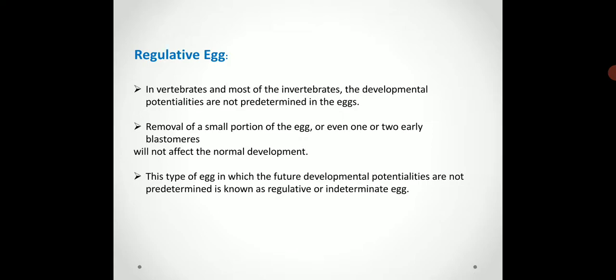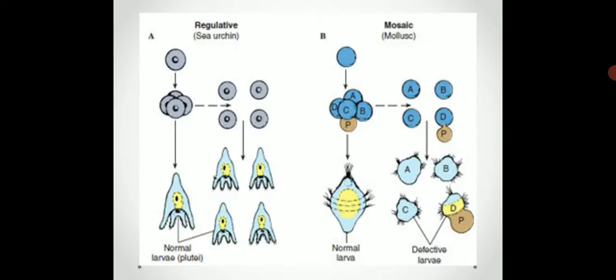That type of egg in which future developmental potentialities are not predetermined is known as a regulative or indeterminate egg. So here is the picture of regulative and mosaic eggs.